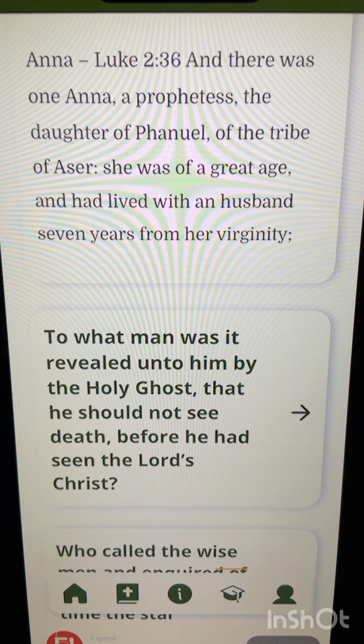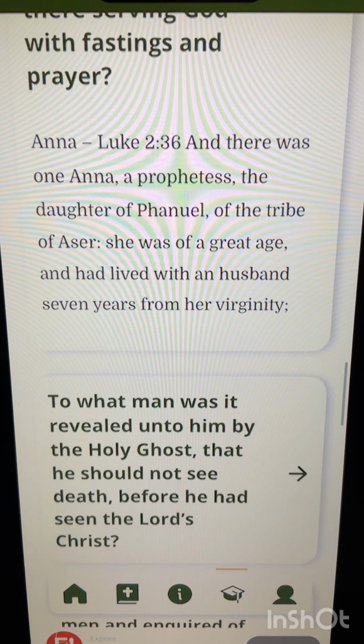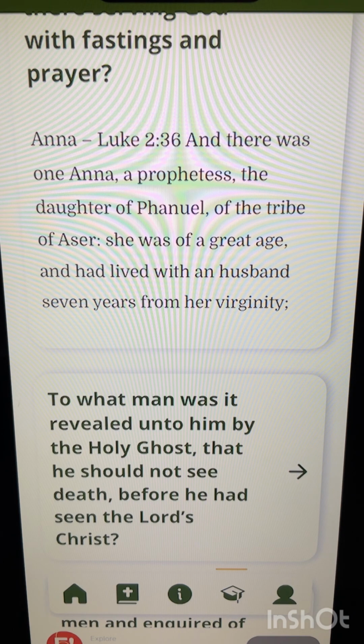Anna, and that is in Luke chapter 2, verse 36. And there was one Anna, a prophetess, the daughter of Phanuel of the tribe of Asher. She was of a great age and had lived with her husband 7 years from her virginity.